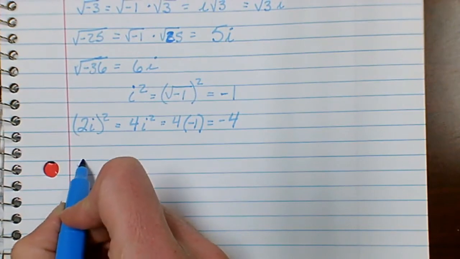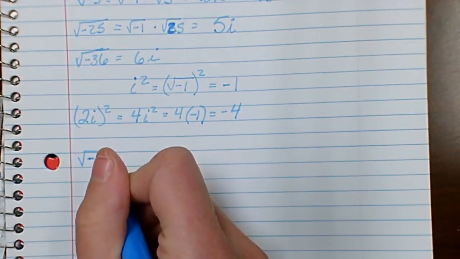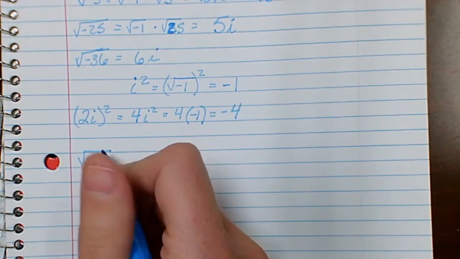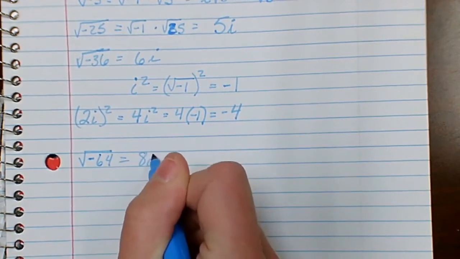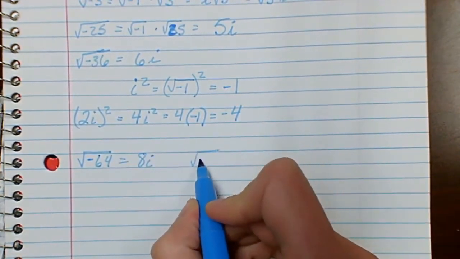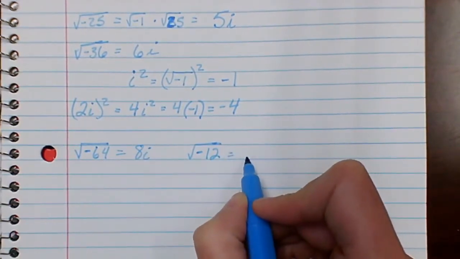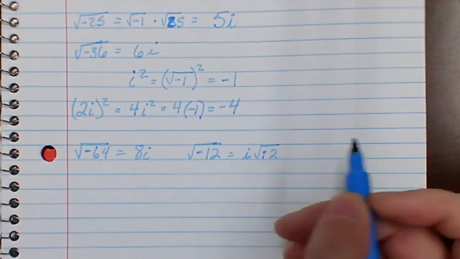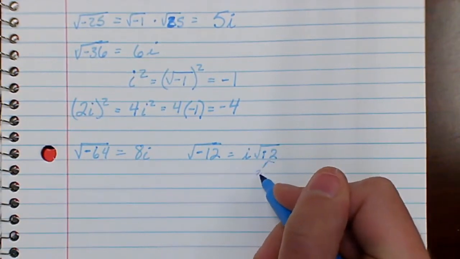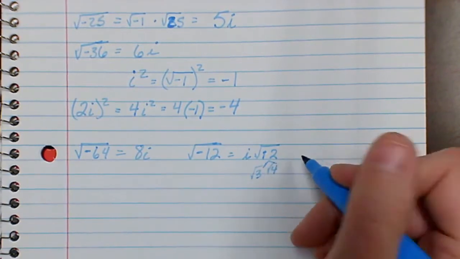So for instance, if we have square root of negative 64, that'll be 8i. We have square root of negative 12. We know we'll have an i, i square root 12. If you reduce 12, that'll be 3 and 4. Square root of 3, square root of 4.